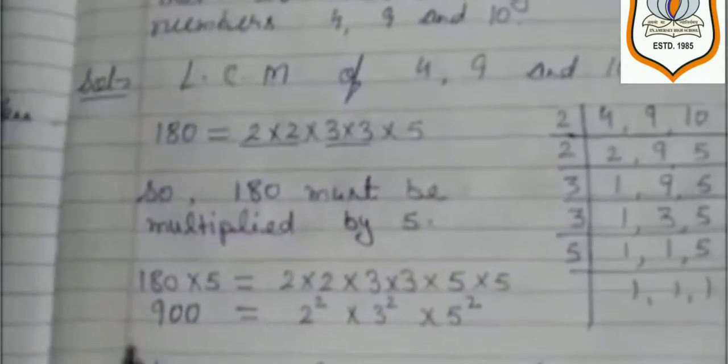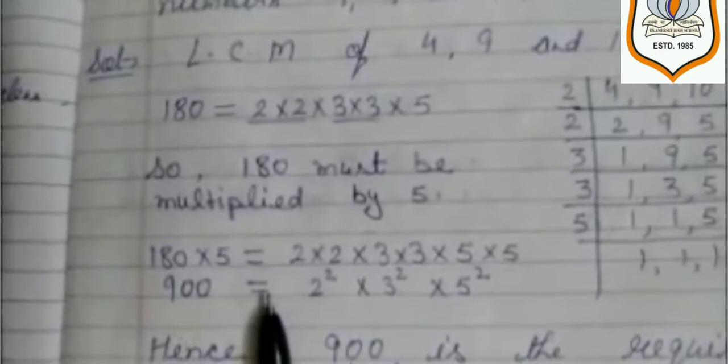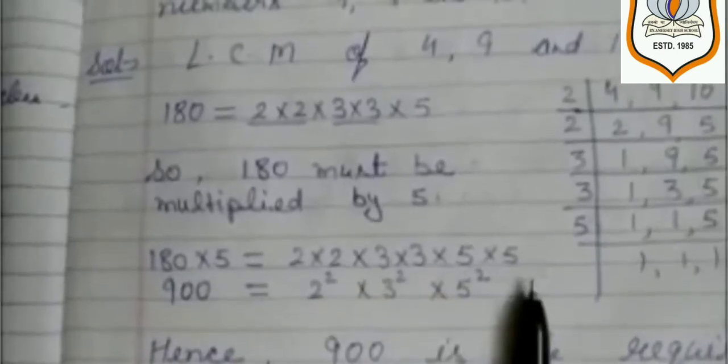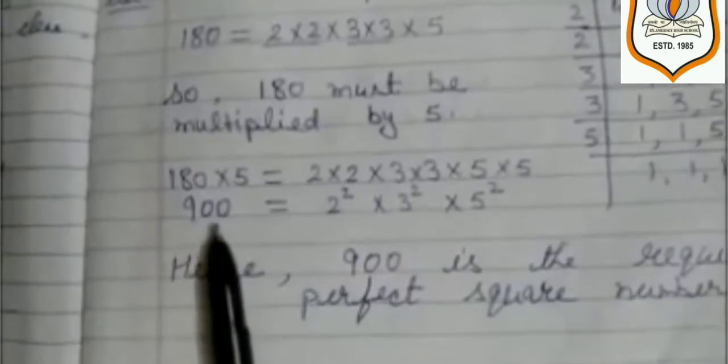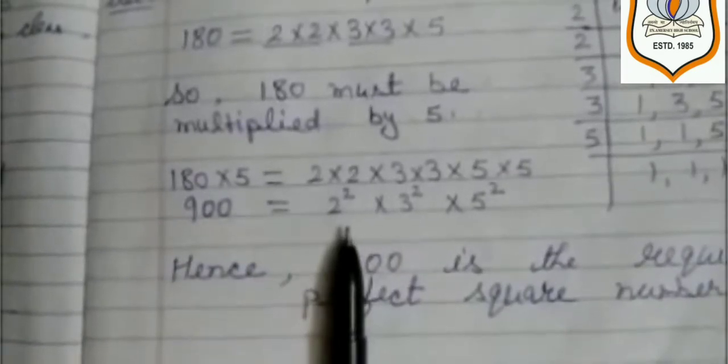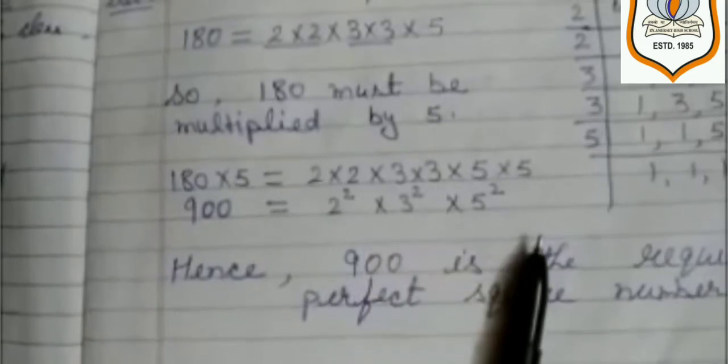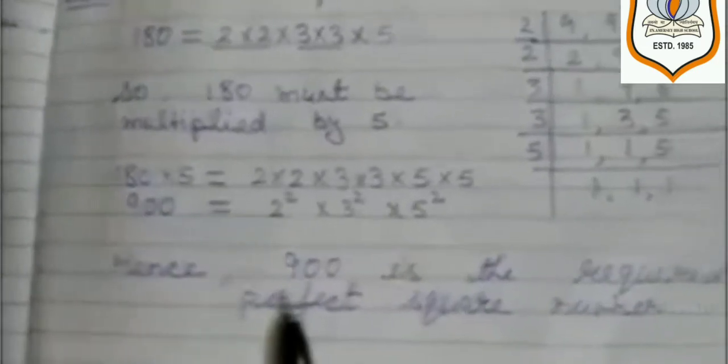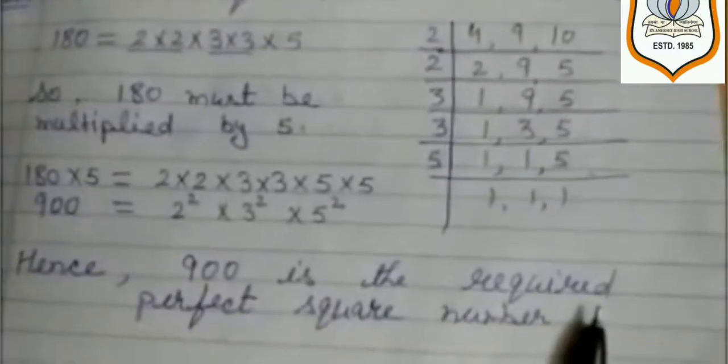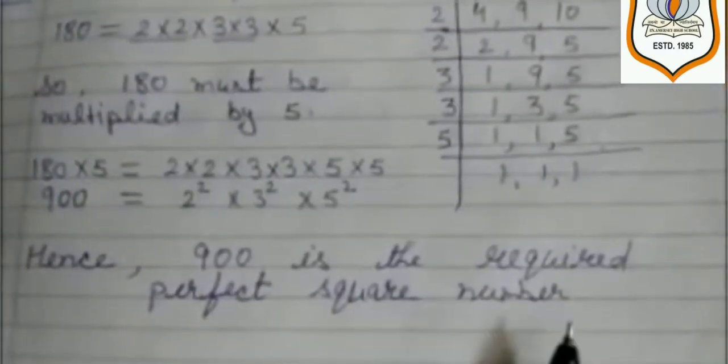Look, here 5 is unpaired. So 180 must be multiplied by 5. When we multiply 180 by 5, we get 900. And each prime factor has a pair. So we write 900 equal 2 square multiply 3 square multiply 5 square. Hence 900 is the required perfect square number.